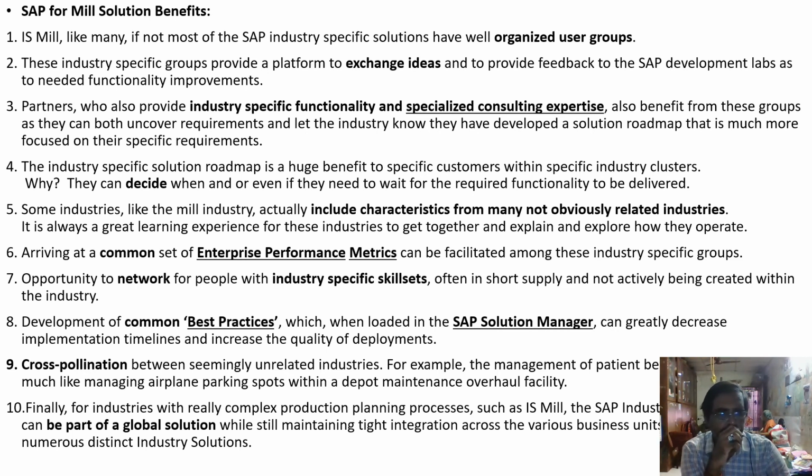And then finally, for industries with really complex production planning processes such as IS Mill, as I already told, we have a lot of cleaning, bleaching, cooking, and many more.